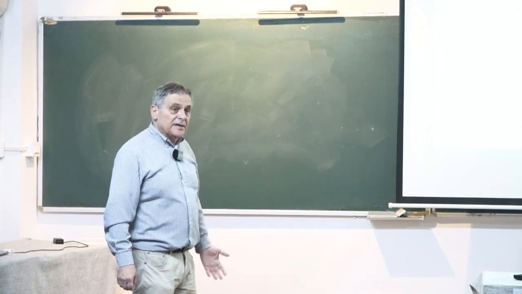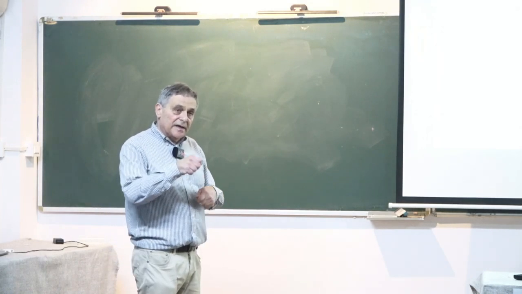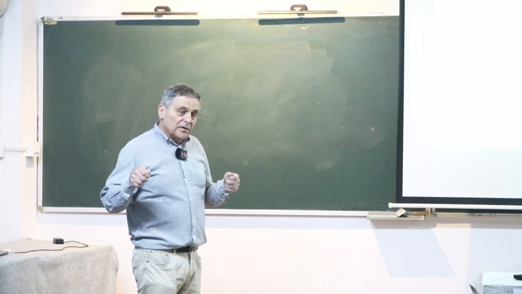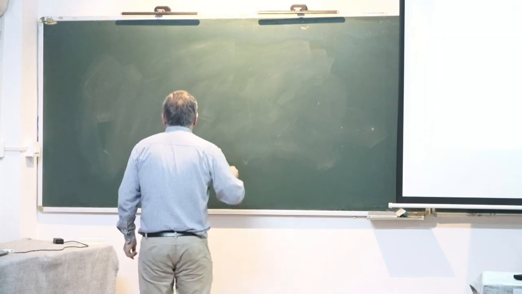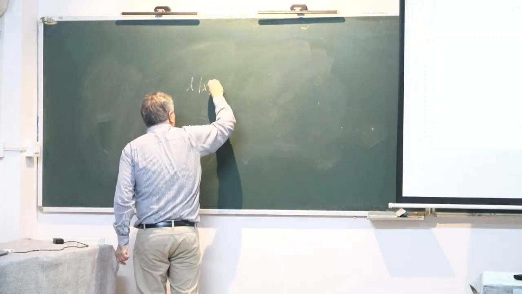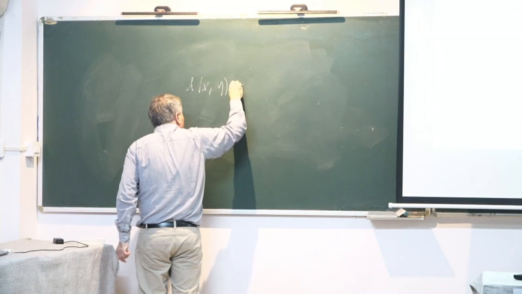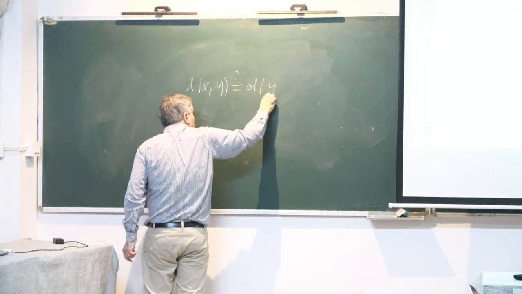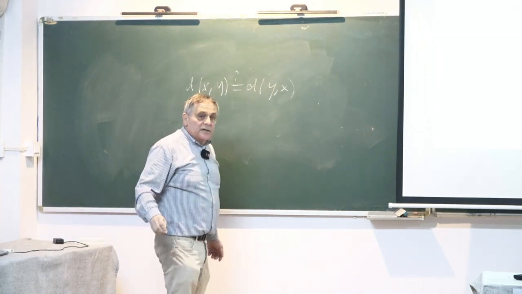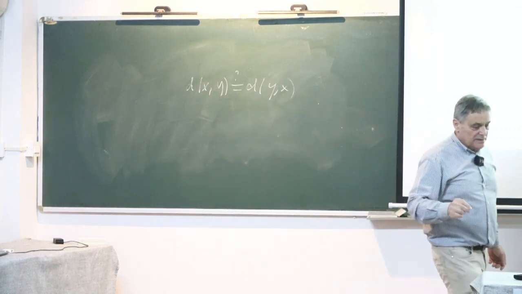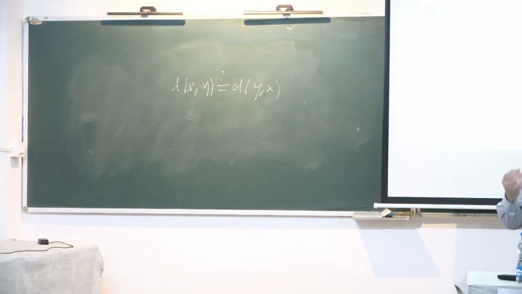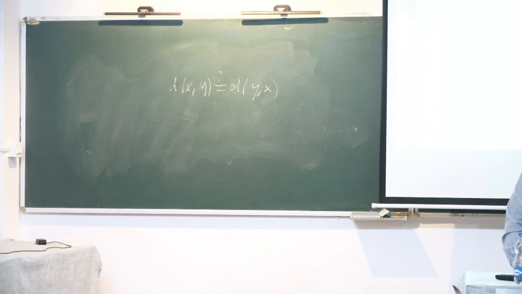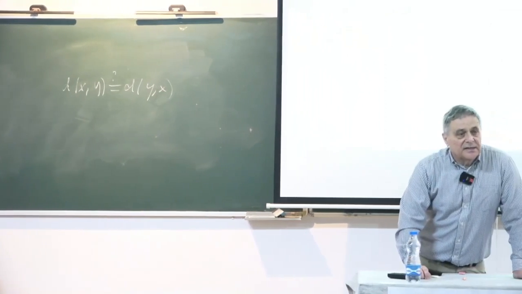This is a metric space first, satisfying the properties of a distance function, except that the distance from x to y in general may not be equal to the distance from y to x. So we remove this symmetry axiom because, as I explained to you, in some cases, like in the Thurston metric, the symmetry axiom is not satisfied. And how is this metric defined?